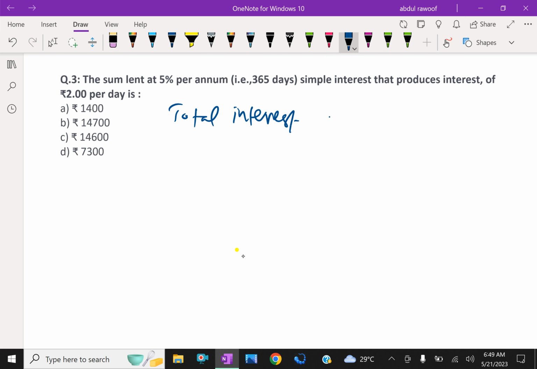Total interest in 1 year is 365 days into 2 per day, which is equal to 730 rupees. Now we need the sum lent, P.